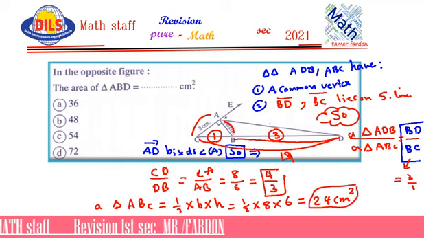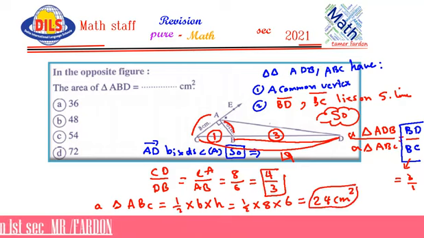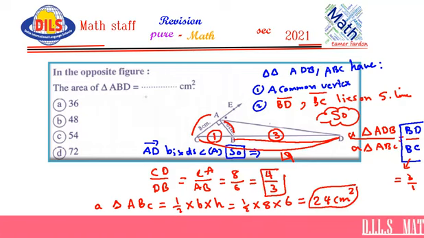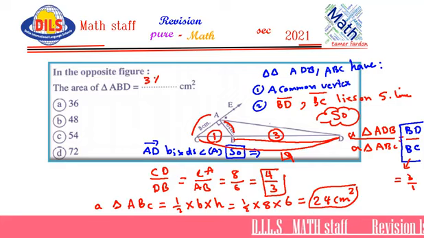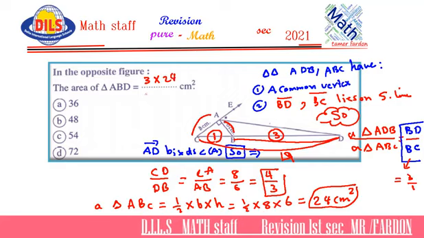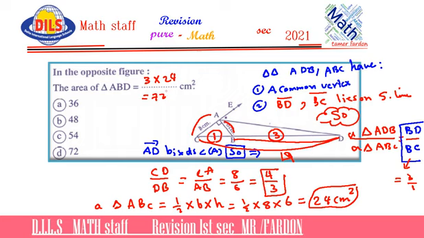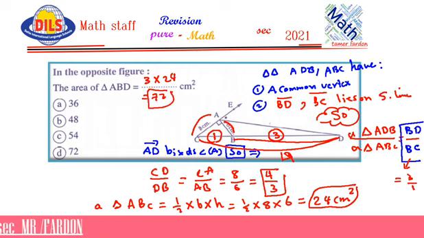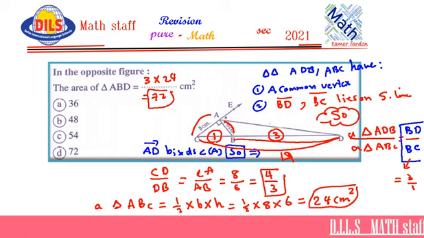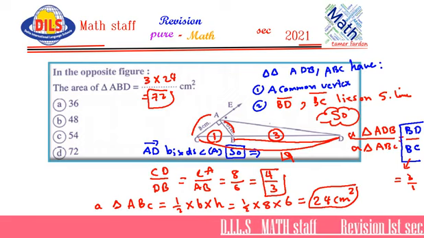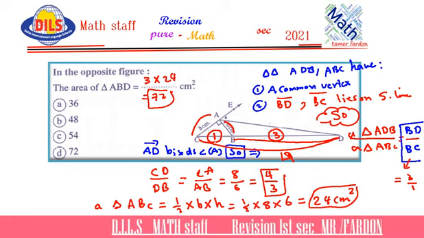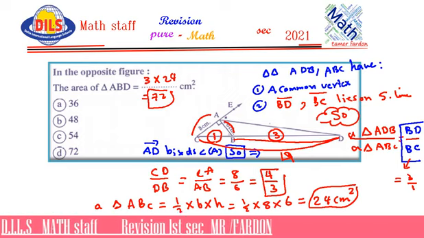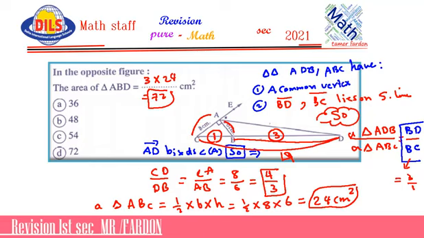So the area of triangle ADB is 3 times the area of triangle ABC, which equals 3 times 24. We get 72, because the base of the first triangle is 3 times the base of the second triangle. So the ratio between the area of the first to the area of the second is 3 to 1.